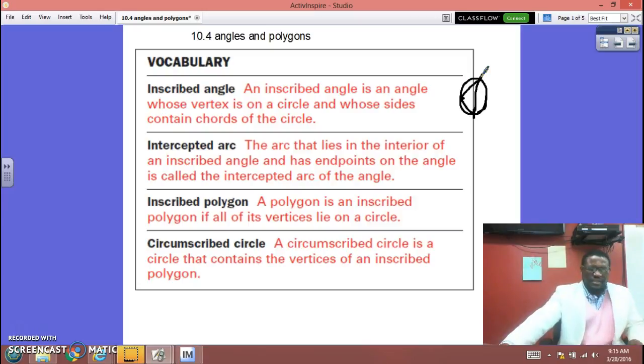Basically, a shape whose vertices are all on the circle, or that's all included inside the circle. A circumscribed circle is a circle that contains the vertices of an inscribed polygon. So this circle right here is called a circumscribed circle because it contains all the vertices of this polygon. Okay, so these are definitions, terms that we need to know.